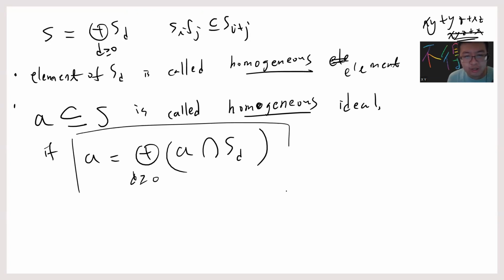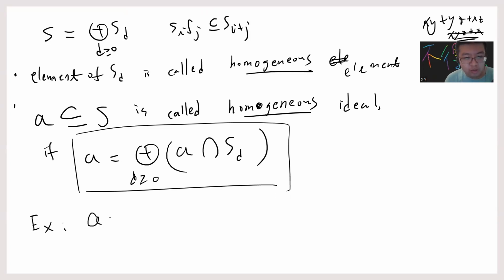But the idea is that a homogeneous ideal means every component of your A is constructed from homogeneous components. I think this example is very easy, right?